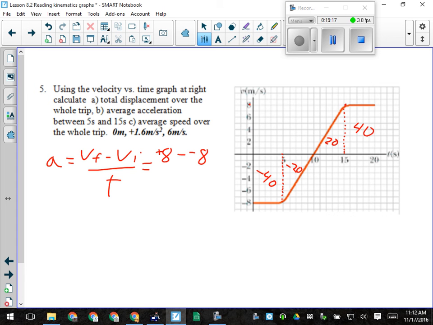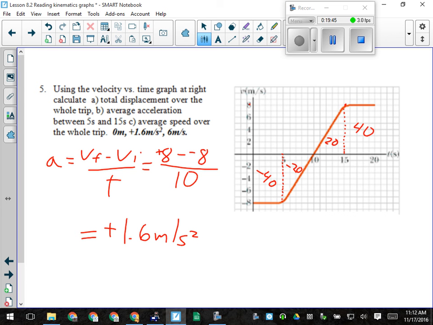So my change in velocity is positive 16 meters per second, and that happens over 10 seconds. So when I do that, I should get positive 1.6 meters per second squared. Everybody follow what I did there? Just plugging numbers into the formula. As long as I can read the graph, I can solve these things easily by just using the formulas on my formula sheet.